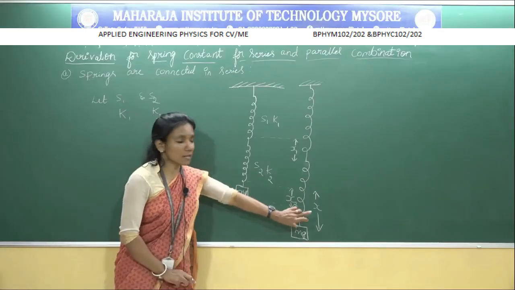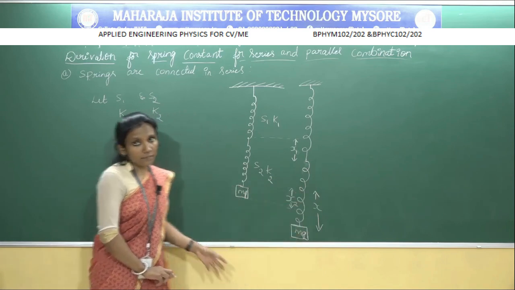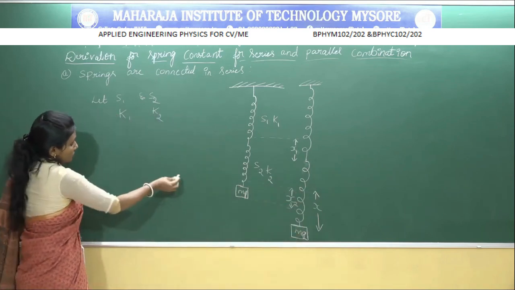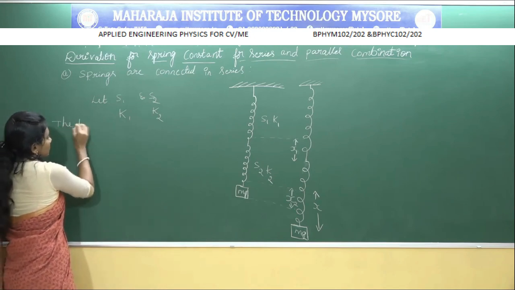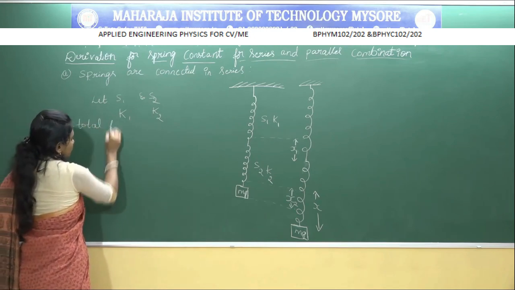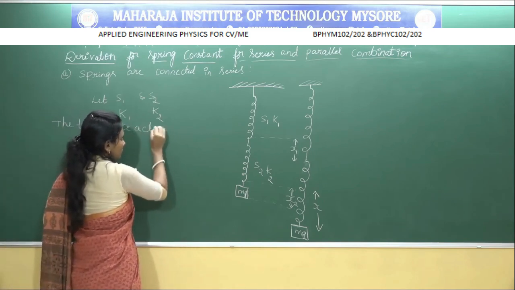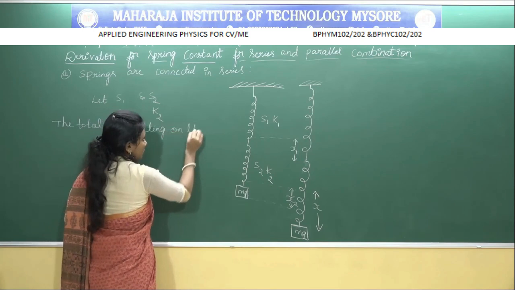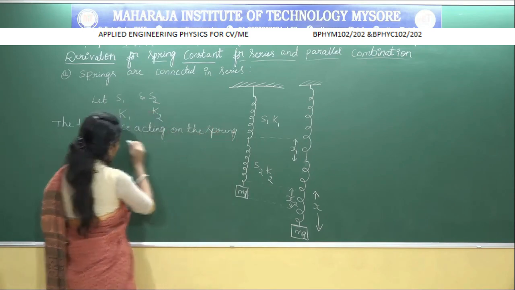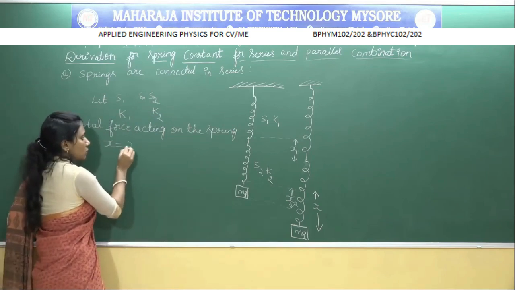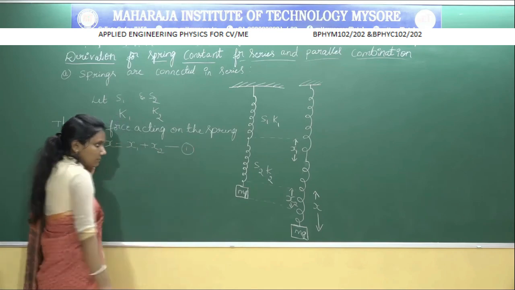Now if x is the total increase in the length of the two springs, then the total force acting on the spring can be represented by x is equal to x1 plus x2. So just name it as equation 1.